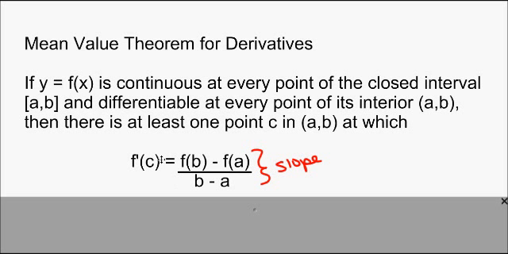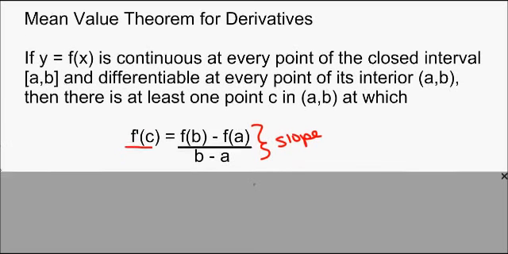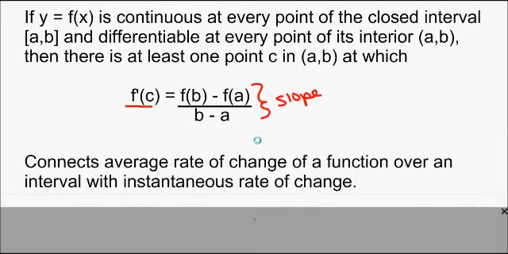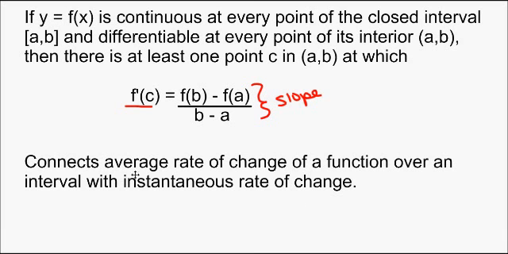So basically, this is saying that the instantaneous rate of change will equal the average rate of change at at least one point on a closed interval of a continuous differentiable function. And this theorem, like I just said, connects the average rate of change of a function over an interval with the instantaneous rate of change.